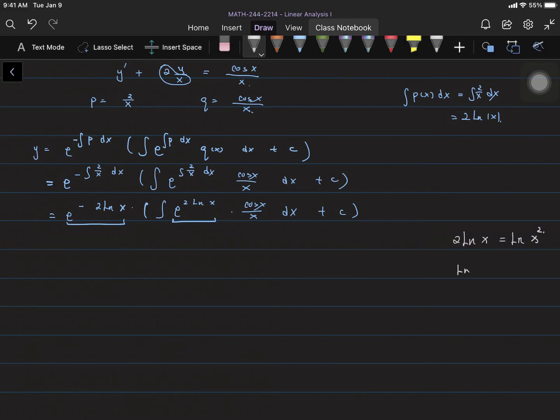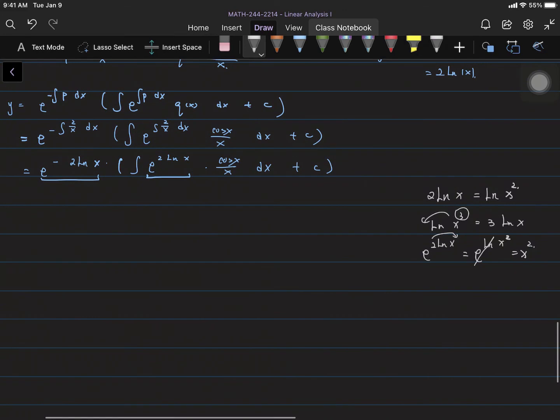When we simplify, for example, x cubed, we can also put the 3 in front, 3 natural log x. Same thing here, we have e to the 2 natural log x, so we can put this 2 back into the exponent of x. So e to the natural log x squared. Why do we want to do this? Because we want to cancel out the exponential e and the natural log. So this is just x squared. Okay, so we can simplify it into x squared.